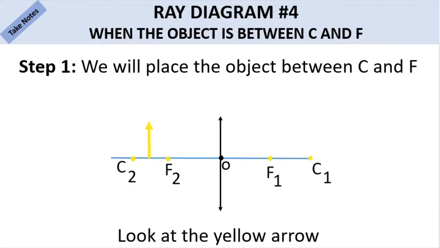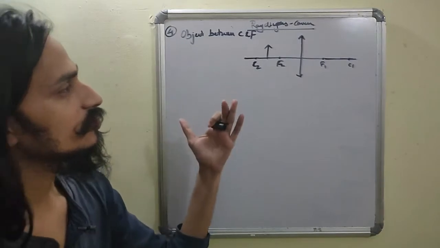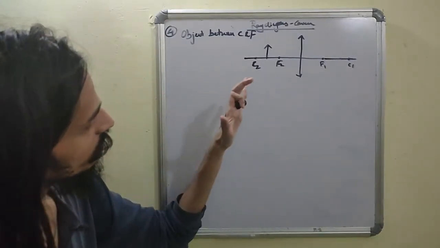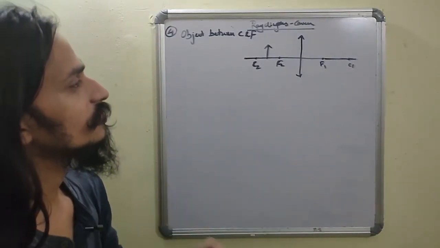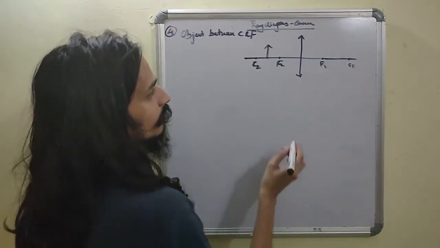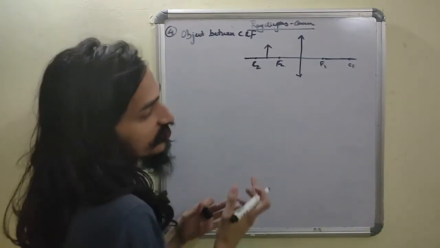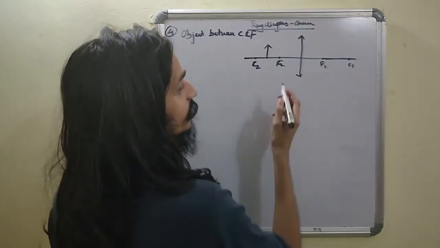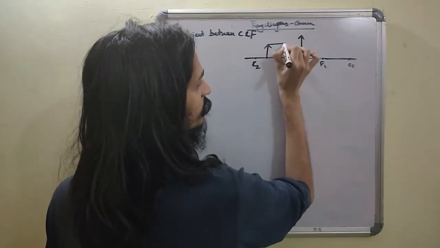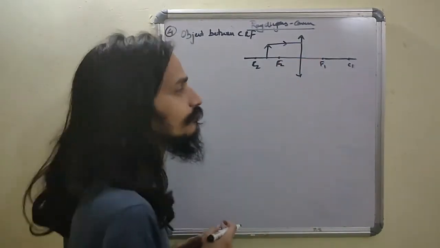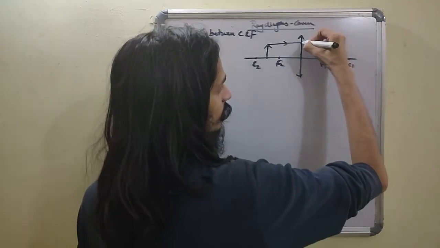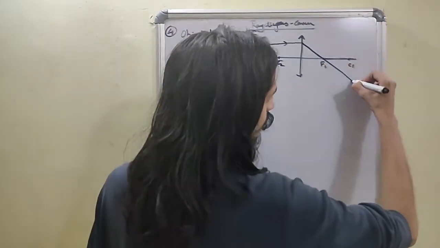Now this object goes forward as the image. Where is the image going to form? Not surprisingly, I'm going to use the same two rules. First rule is parallel line, and every parallel line goes through the focus.